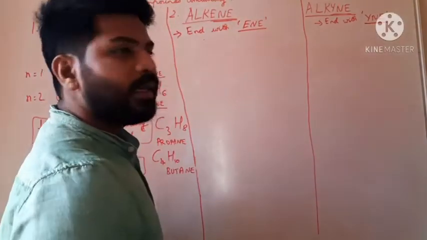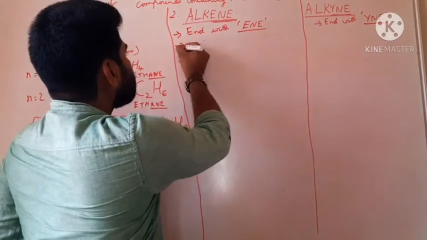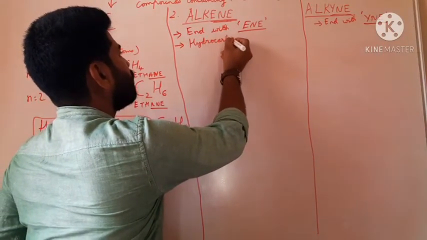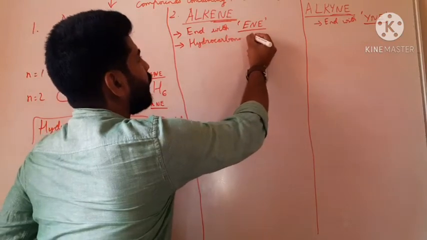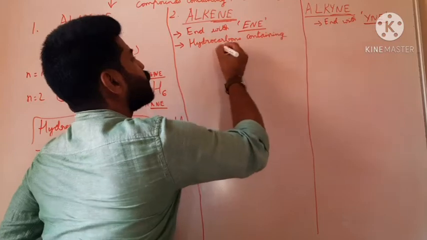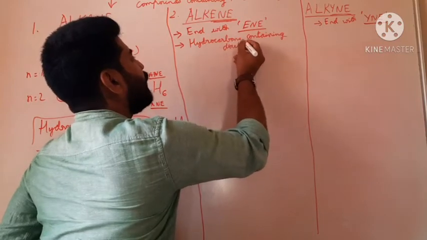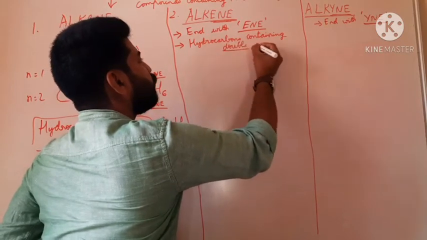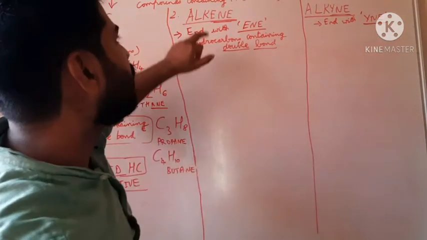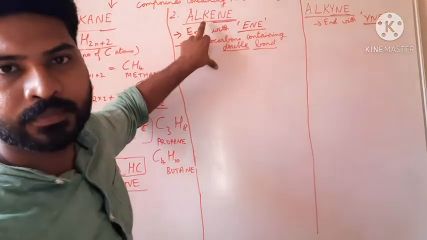Let us look at alkenes. Alkenes are hydrocarbons containing a double bond. So if there is a hydrocarbon where you find a double bond, then it is an alkene.